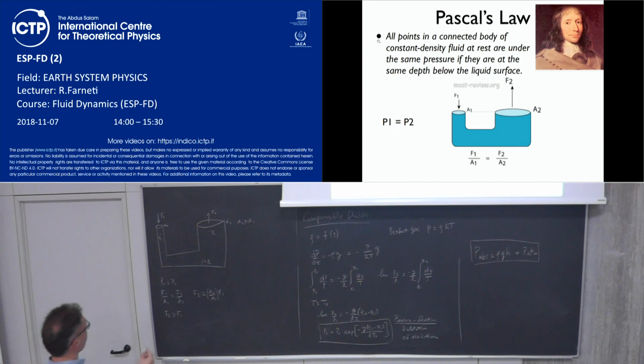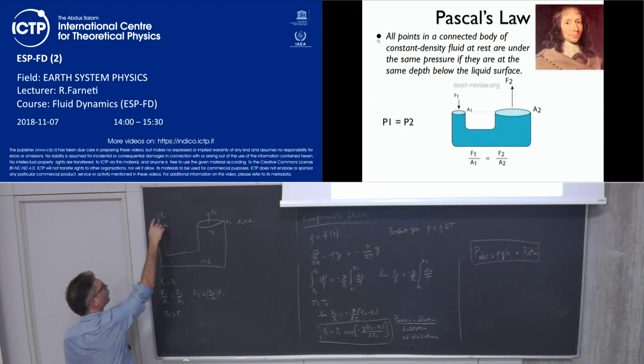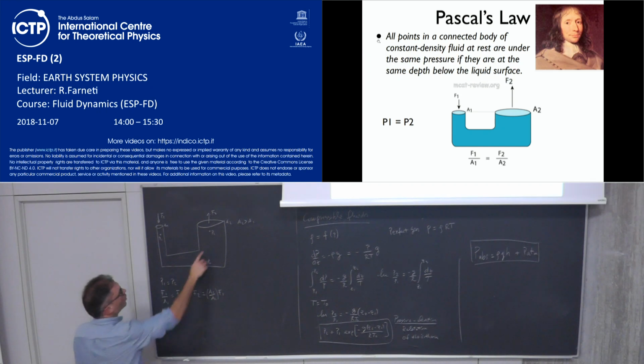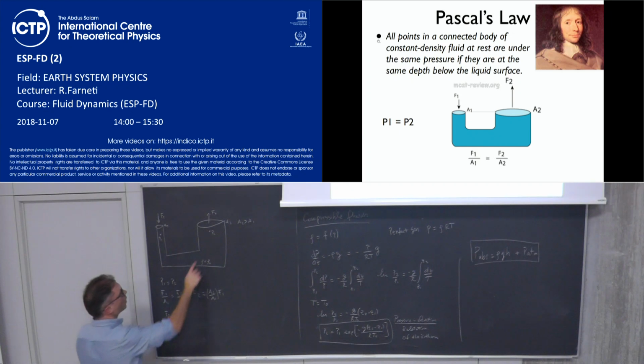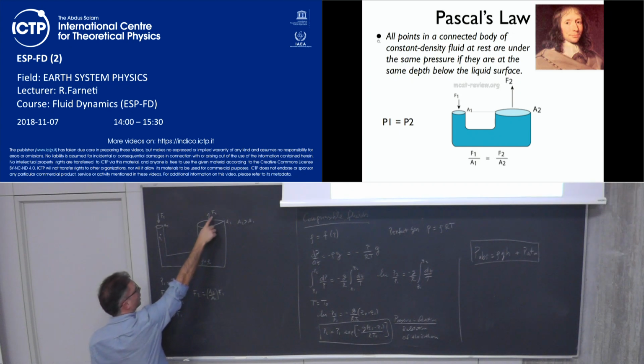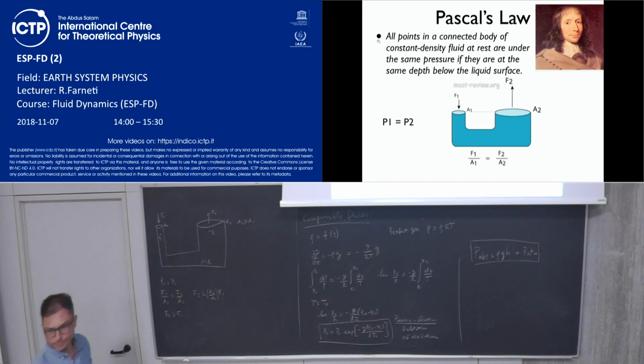Okay, so because of Pascal's law in static conditions, the pressure is the same at the same depth. If I apply a force F1 over an area A1, which is equal to my pressure 1, pressure 2 must be equal to pressure 1. And pressure 2 is nothing but F2 per unit area A2.